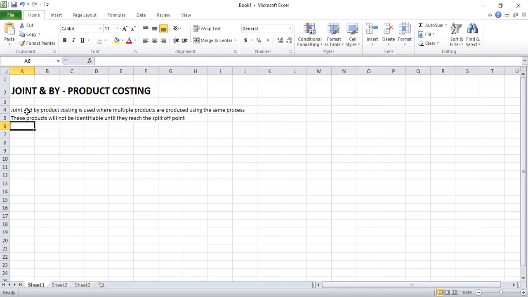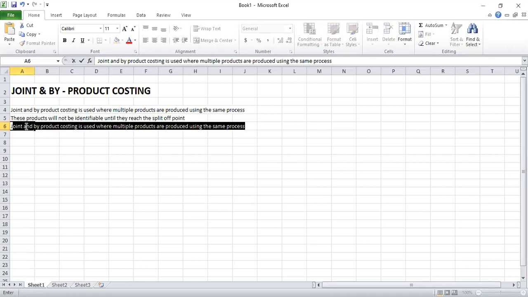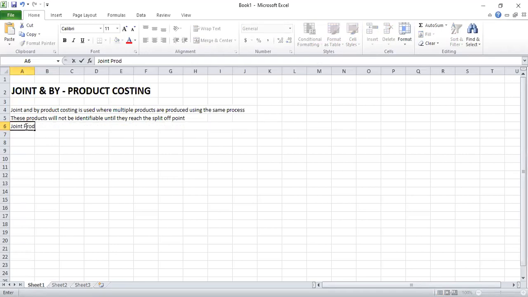All right. Now we've got two types of products. The joint products. The main product with significant sales value, and the reason for undertaking the production process.